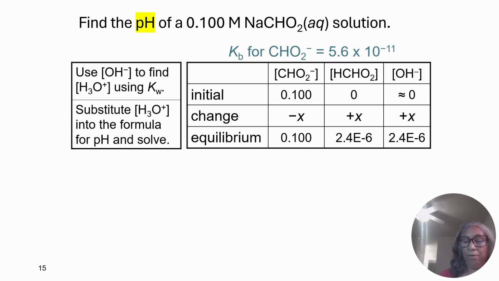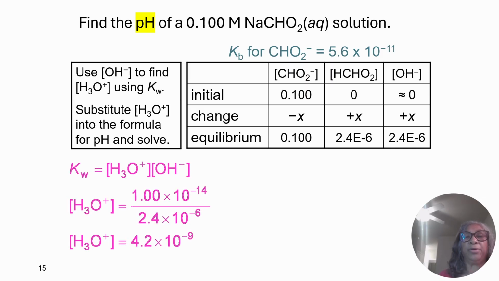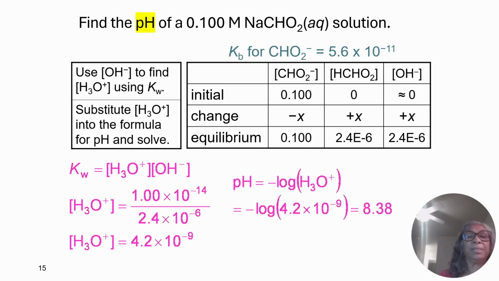We solve for the concentration of hydronium by dividing Kw, 1 times 10 to the negative 14, by the concentration of hydroxide, 2.4 times 10 to the negative 6. The answer is 4.2 times 10 to the negative 9, and its negative log gives a pH equal to 8.38, a basic solution as predicted.